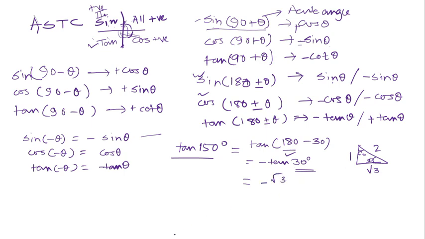Okay, wait, tan is opposite to adjacent, so it will not be root 3, it will be 1 by root 3: opposite is 1 and adjacent is root 3.